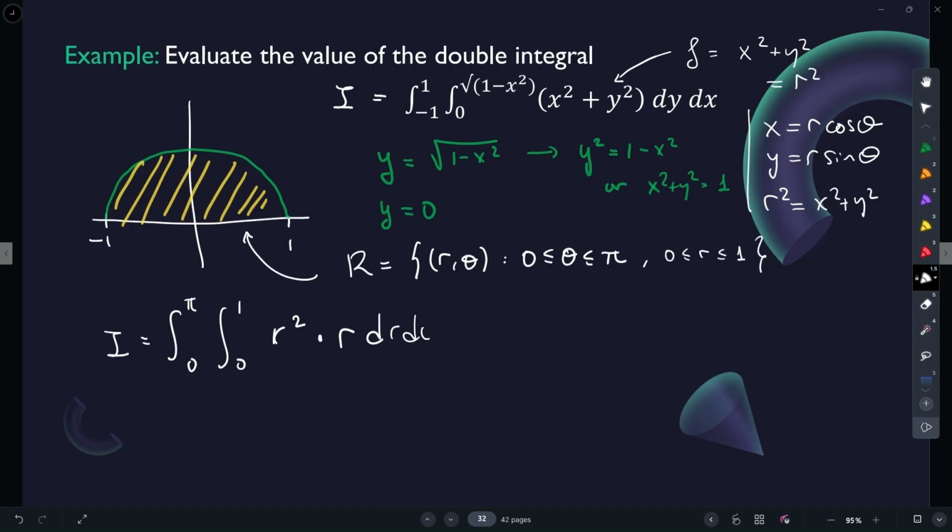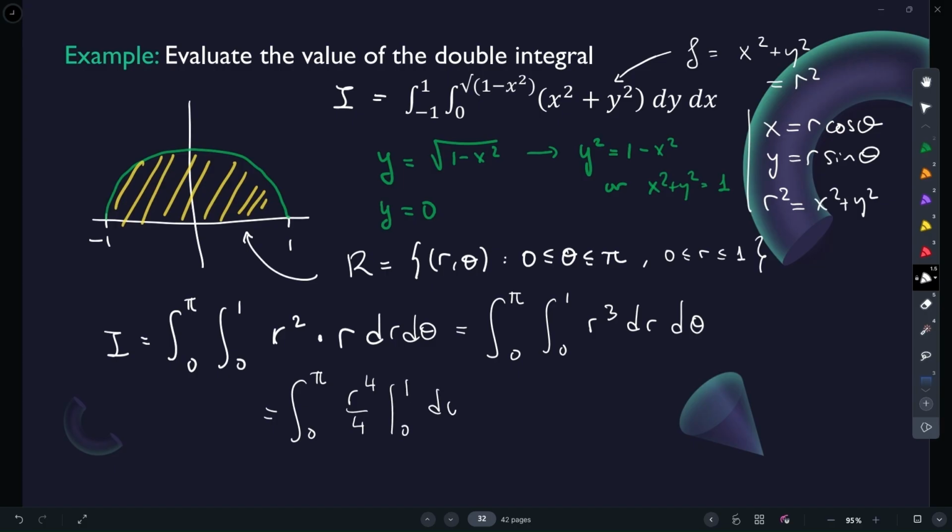So the integral is the integral from 0 to pi, from 0 to 1 of r cubed dr d theta, and that's easy enough. That is the integral from 0 to pi of r to the 4 divided by 4 between 0 and 1 d theta.